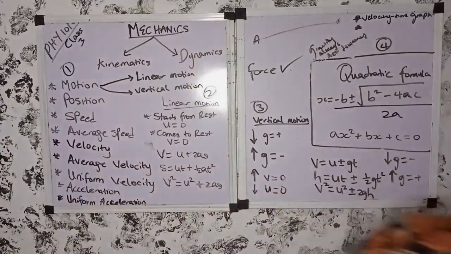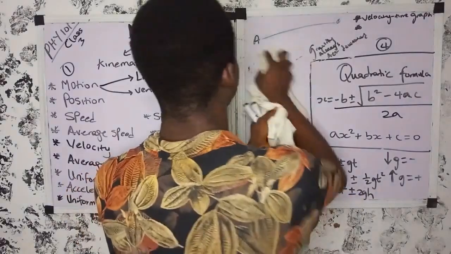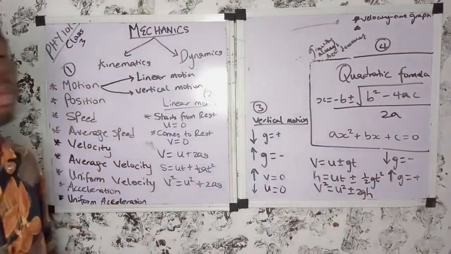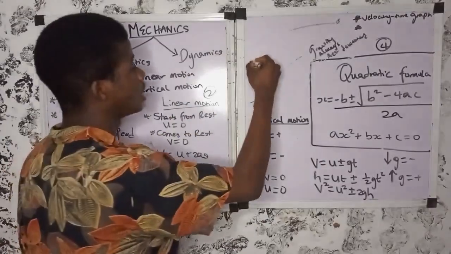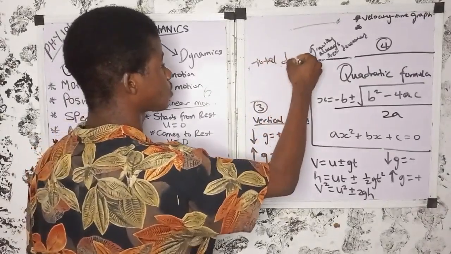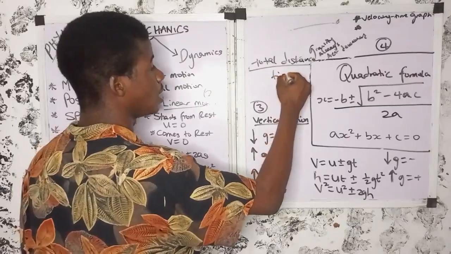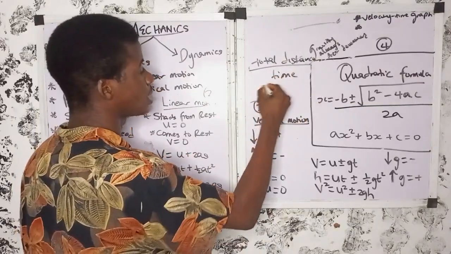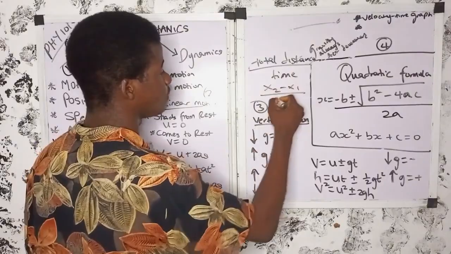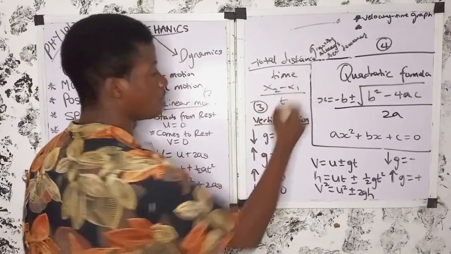Now, what is the average velocity of a body? The average velocity of a body is the total distance covered by that body divided by what? By the time. So it's S2 minus S1 divided by the time.